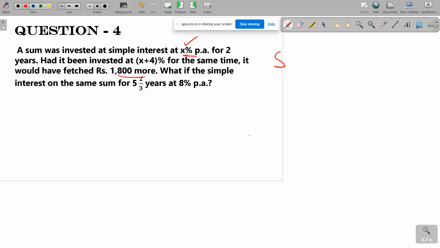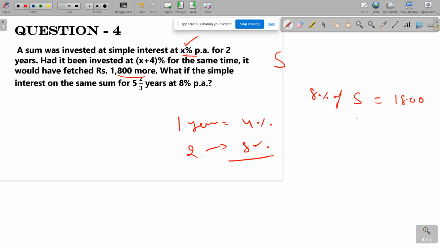Okay, so we can say if in 1 year it will be 4% more, in 2 years it will be 8% more, right? So 8% of S is equal to 1800. That is the difference that we are getting. If we find out that 8% of some amount is 1800, we can calculate the total amount.